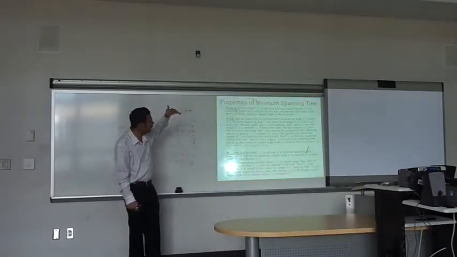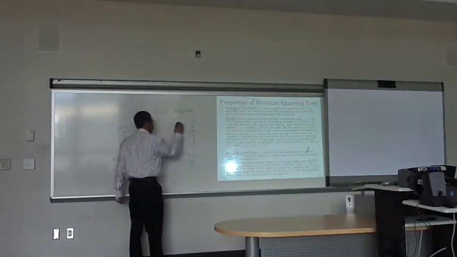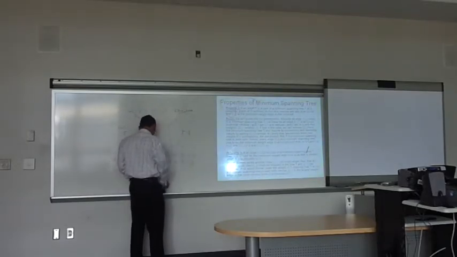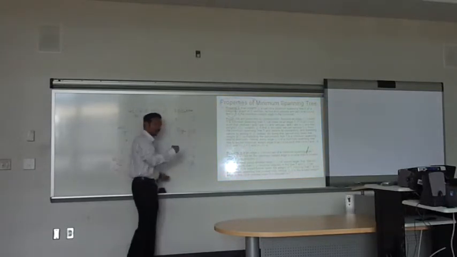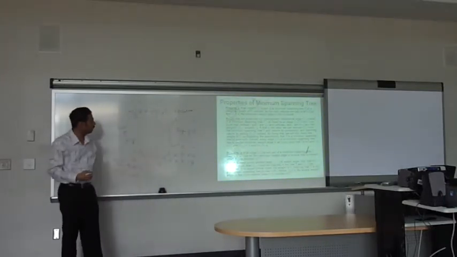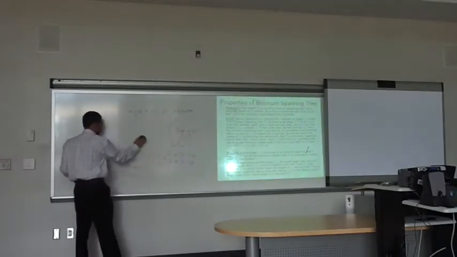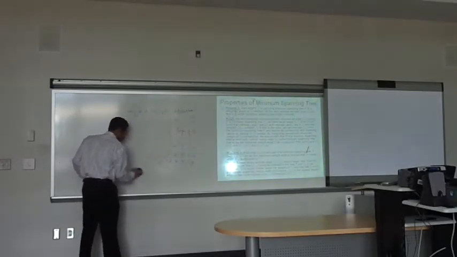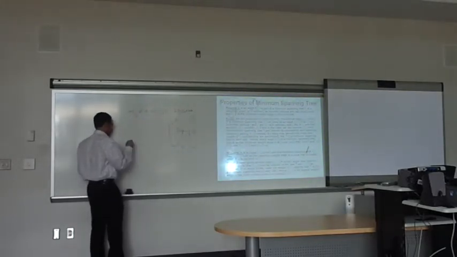So let's say there is something else that is of lower weight. So again, you have two cuts, and this ij is the minimum weight edge in that cut set. So we know that in this case, ij is part of the minimum spanning tree. So the minimum spanning tree has this ij. T has ij.